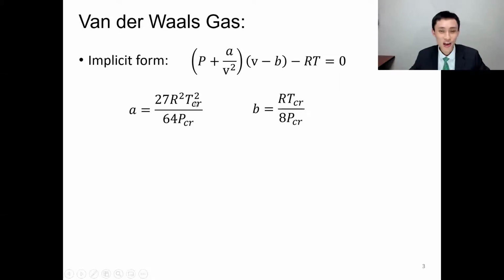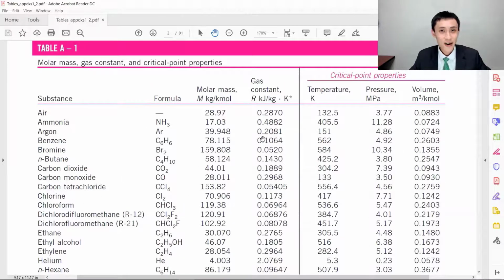T sub CR is the critical temperature of the substance, and P sub CR is the critical pressure of that specific substance. Let me show you how to find the critical temperature and the critical pressure of a specific substance. This is the table that we just used. As you can see, for each substance, we have the critical temperature and the critical pressure.